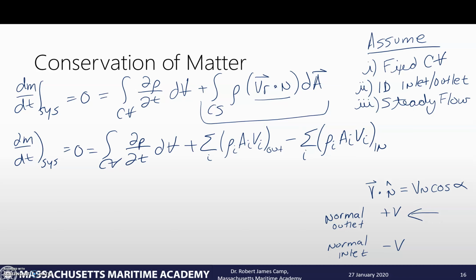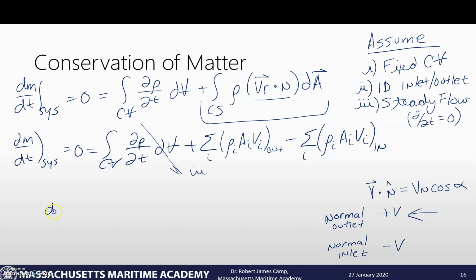Now, the interesting thing about that steady flow assumption is that anything that has to do with time, any derivatives that have to do with time, are going to become zero. Because since it doesn't change with time, there is no differential with respect to time. So if I do that, that takes this entire term, because of assumption 3, and it will drop out.